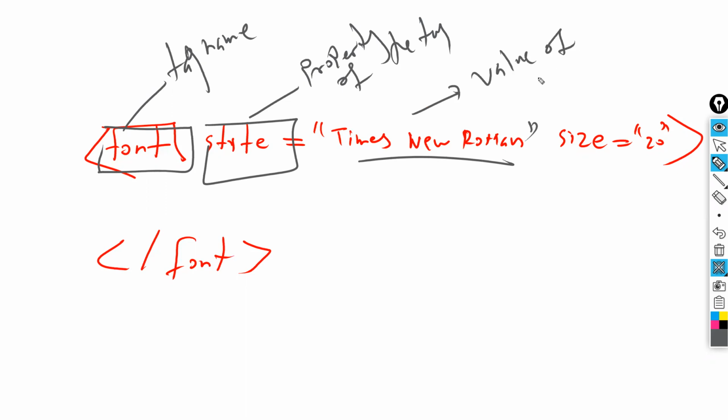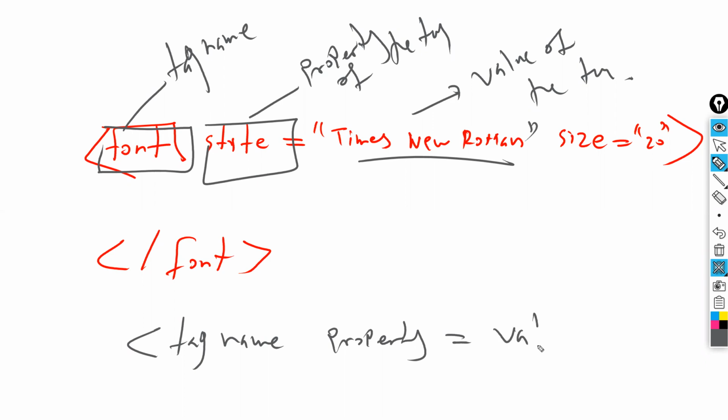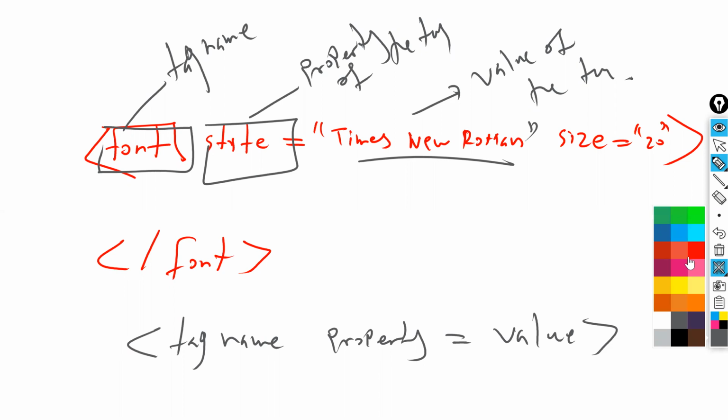Now you know the three things in an HTML tag: tag name, property, value. So this is the format of the HTML tag, the full HTML tag format.